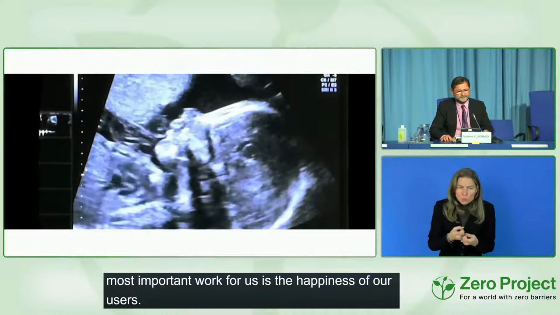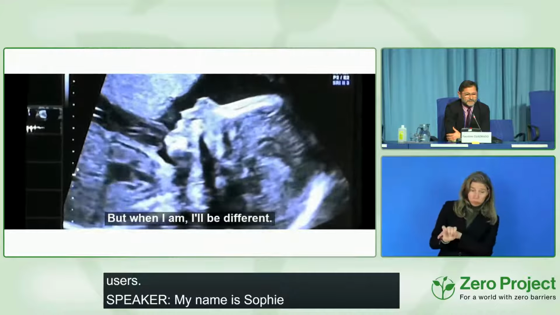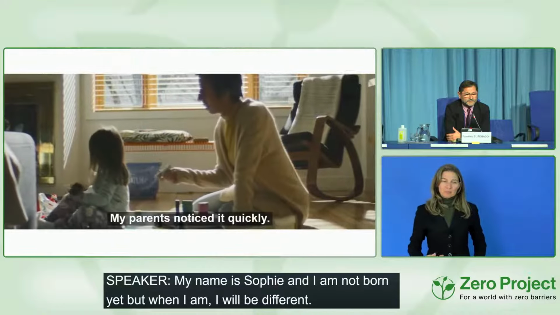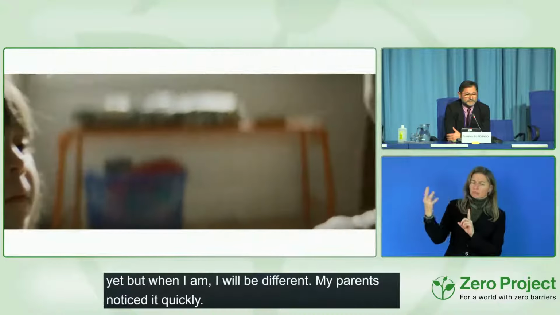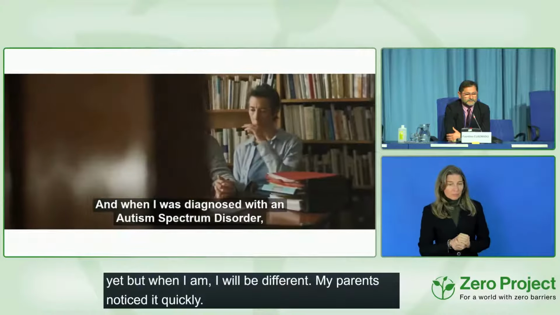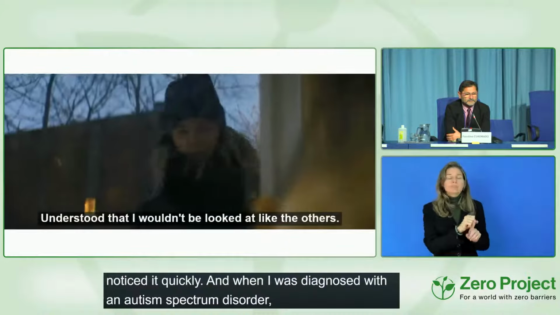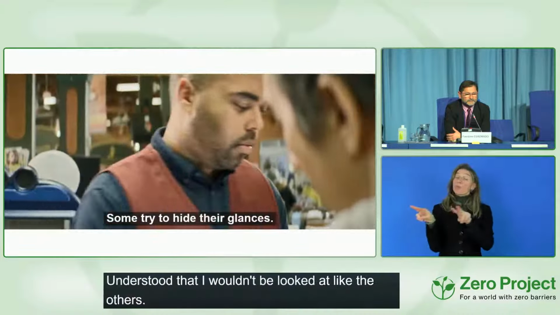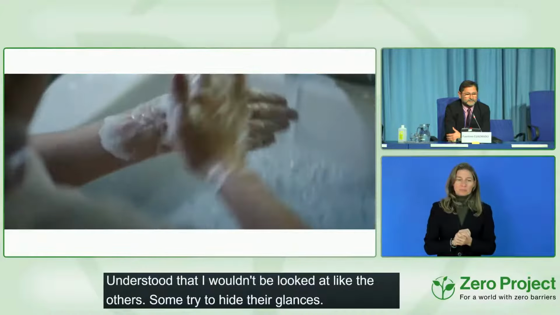My name is Sophie, and I'm not born yet. But when I am, I'll be different. My parents noticed it quickly. And when I was diagnosed with an autism spectrum disorder, they understood that I wouldn't be looked at like the others. Some tried to hide their glances. Some not so much.